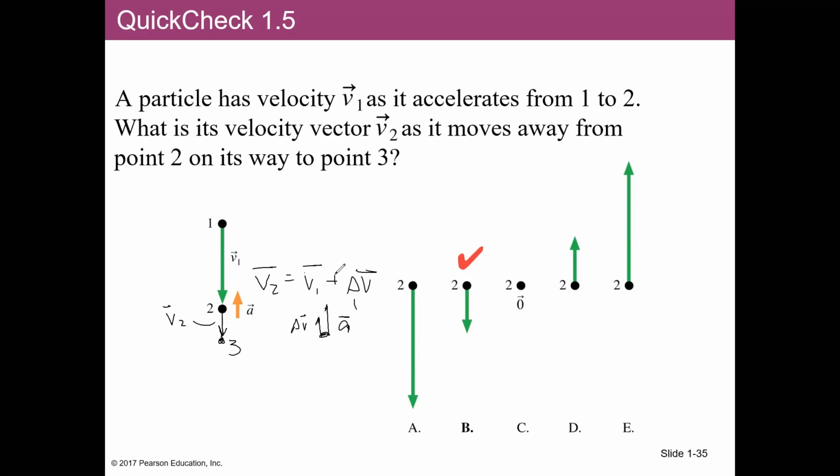A would be an acceleration that pointed downward. And then C would be somehow thinking that the acceleration instantly makes the motion stop. And then D, sometimes people think D, the acceleration doesn't automatically make the particle change direction. And certainly all the more so for folks that may have thought E.